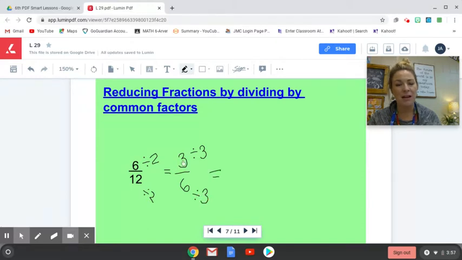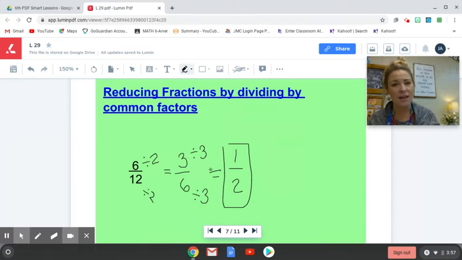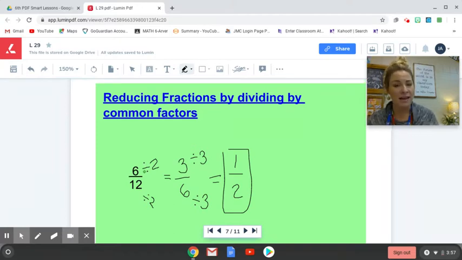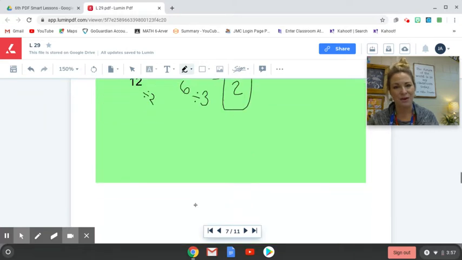When I take 3 divided by 3, I get 1. 6 divided by 3 is 2. And after a 2-step process, I now have my answer of 1/2. So again, these numbers are really simple to begin with, but I just want to model to you that if you aren't off the bat able to identify what the greatest common factor is, identifying any common factors will eventually get you there.